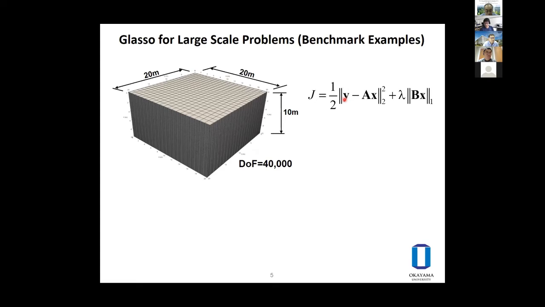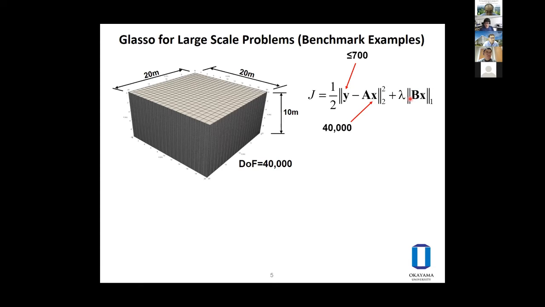Y is the observation vector. The dimension of this vector is less than 700 in the benchmark, which is not so large. And X has 40,000 elements. This is the same as the number of unknown parameters, I mean, degrees of freedom, 40,000. This is not so large.